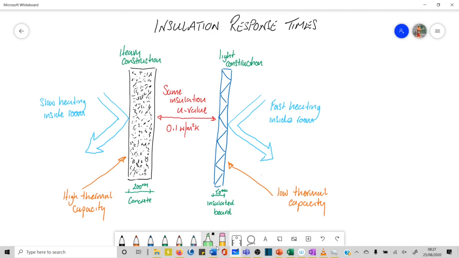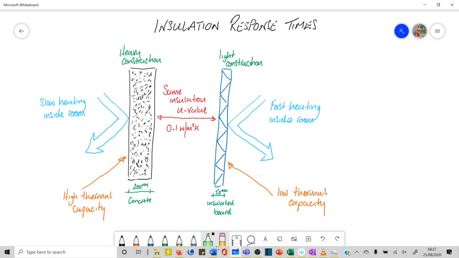And then on the other side we have an insulated board which is just 50 mil thick, so 4 times thinner than the concrete, but this too has 0.1 watts per meter squared Kelvin. So in terms of performance, they both perform the same in terms of the heat lost through the wall, and both conform to building regulations.